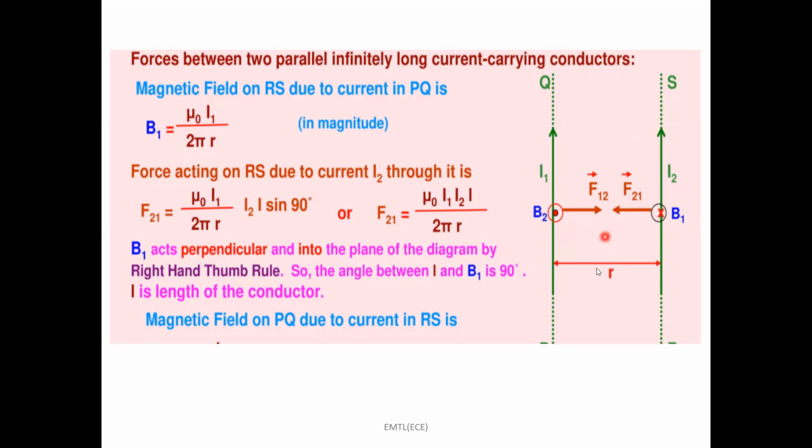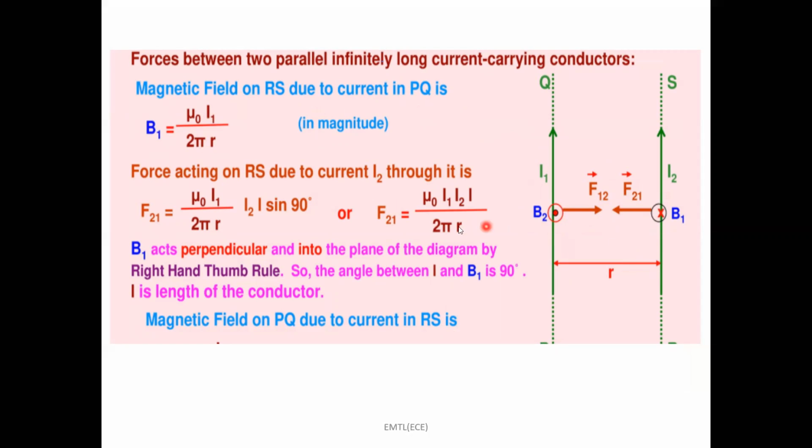So when you observe this figure, the impact of current passed through Q on S, in a similar manner, the current passed through the conductor S impacts Q. So a magnetic field on RS due to current in PQ is expressed as, that means here the B1 magnetic field is developed due to this PQ conductor.